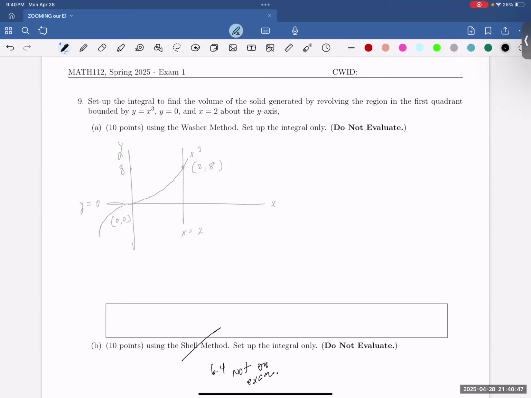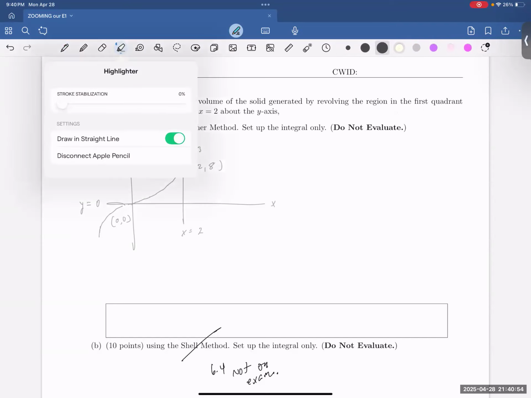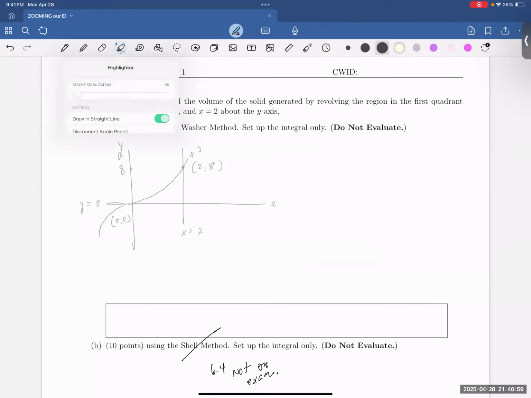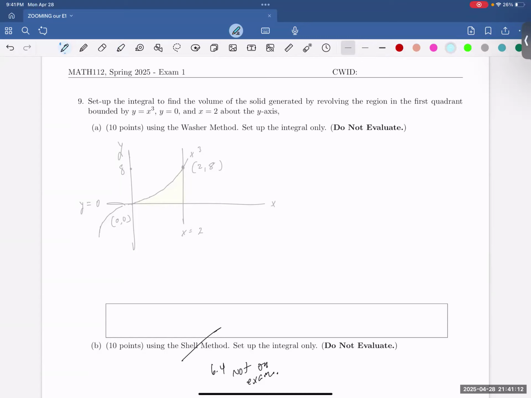So we're going to revolve that region, so that's our region enclosed by the curves. And we're going to rotate about the y-axis.